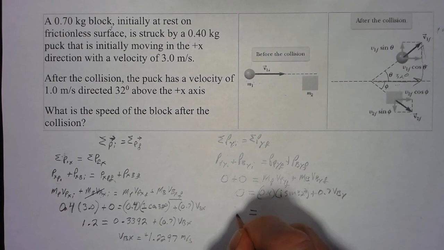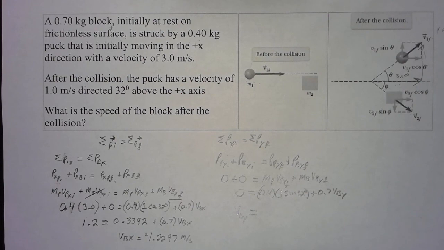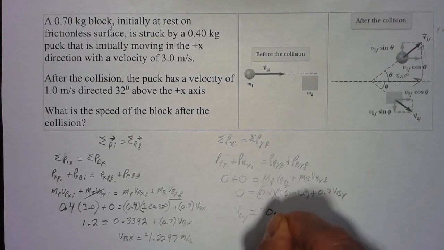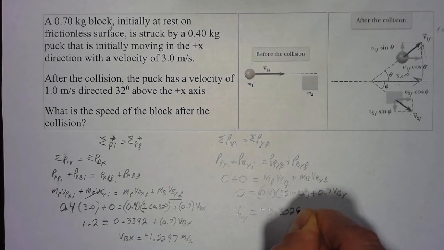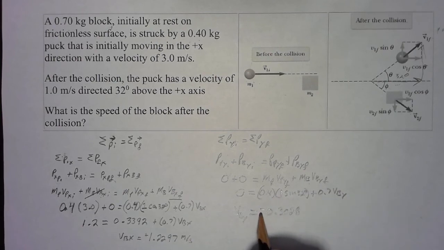And when we work all that out, we get that the block in the Y direction is a negative 0.3028.